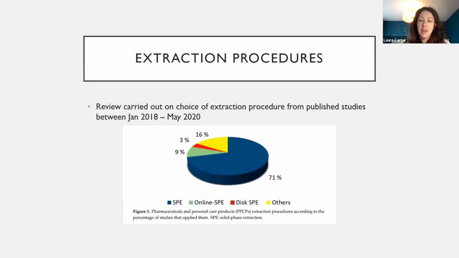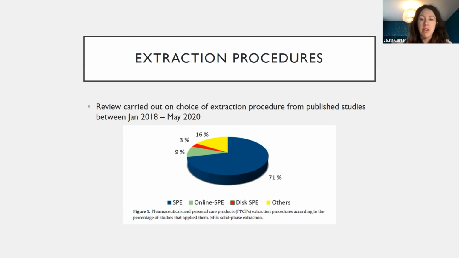So coming back to direct injection, it's relatively simple in terms of sample prep, and even though it's not as widely used as SPE as a method, I think it's gaining prominence as a reliable method to determine pharmaceuticals in river samples.